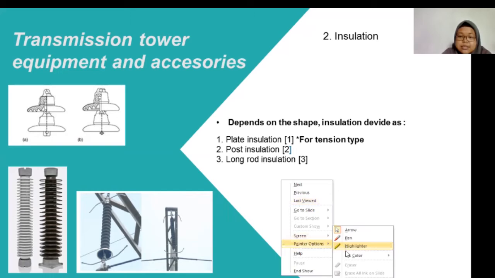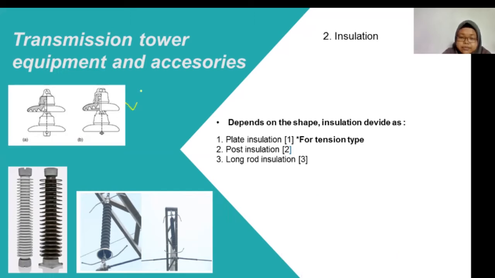This is plate insulation. Plate insulation is usually used for 150 kilovolt power transmission tension type, and the number of plates depends on voltage system. And the second is post insulation, and third is long rod insulation.